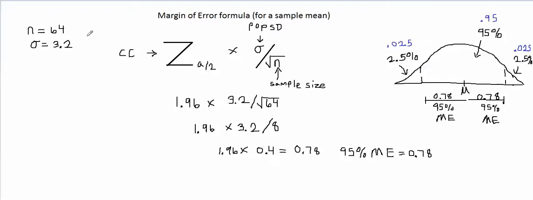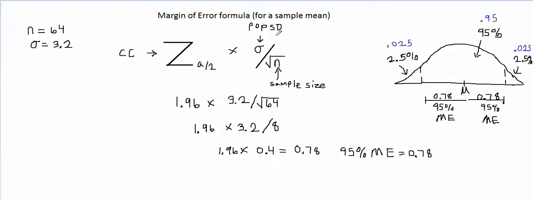In other words, I take 64 people, I calculate the mean of the sample. I take another 64 people, I calculate the mean of the sample. I take another 64 people and calculate the mean of the sample. And I keep repeating my study over and over again with the same sample size. And each time I do it, I record the sample mean.